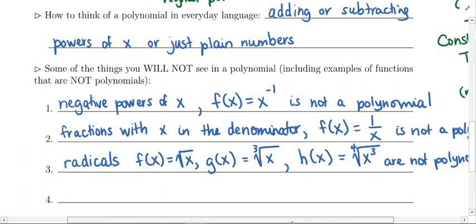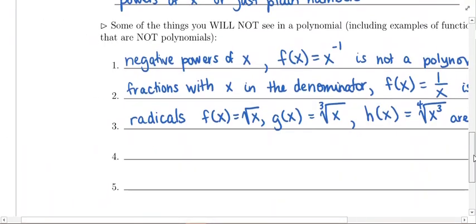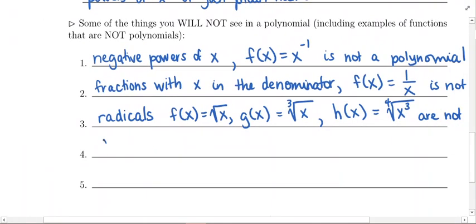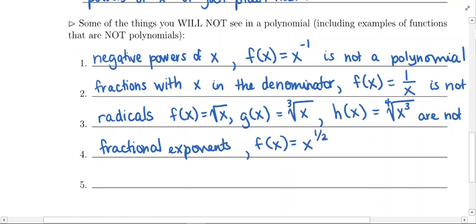Another thing you won't see is fractional exponents. If I said, look at the function x to the 1/2 power, yes, it's a power of x, but it's a fractional power of x.